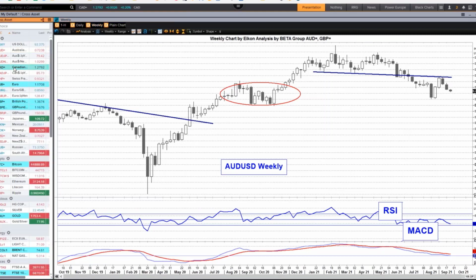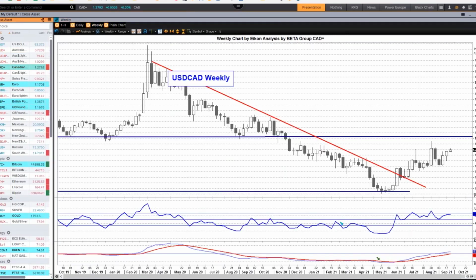Whereas the Canadian dollar, and don't forget this is quoted the other way up, so this here is a weakening Canadian dollar as the US dollar rises. So we're moving up here. We've got a higher lows pattern intact. The MACD is positive, the RSI is positive, and we're heading towards this resistance here at the high of 129.48.